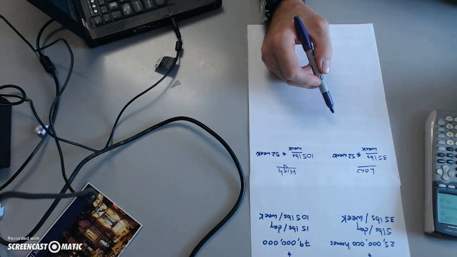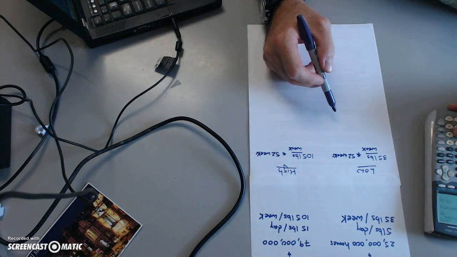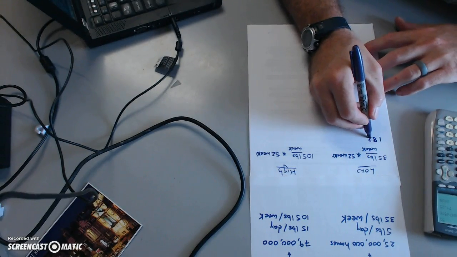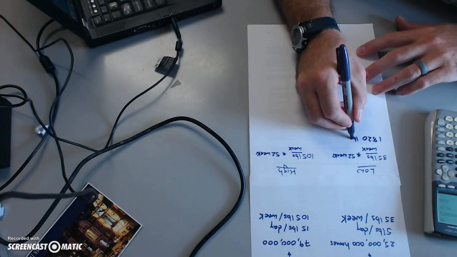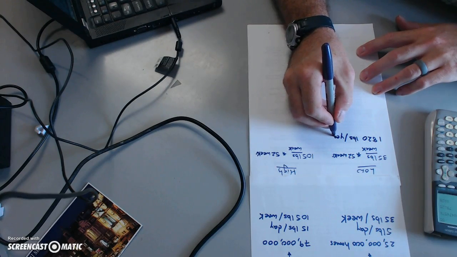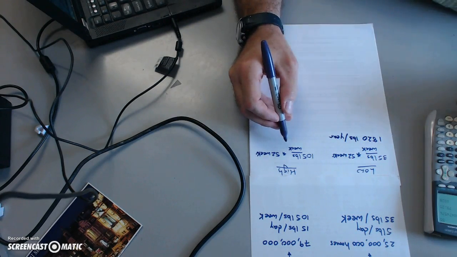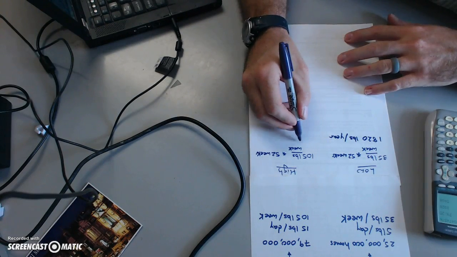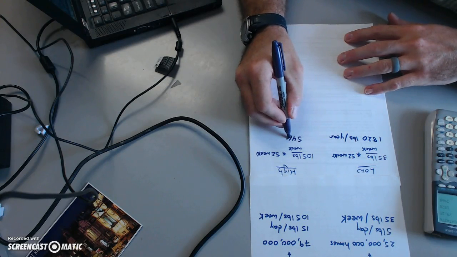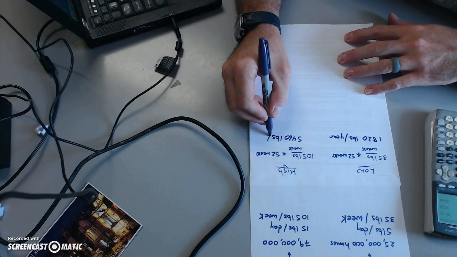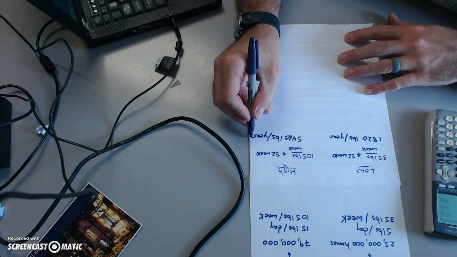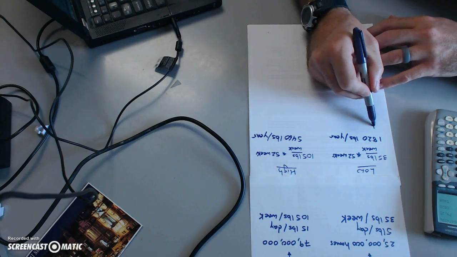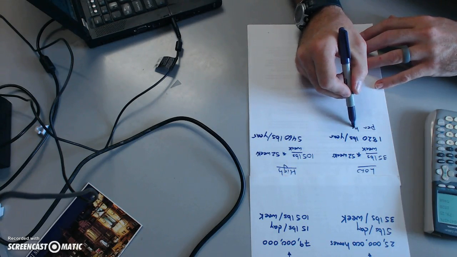Let's figure that out. So 35 times 52 is 1,820 pounds per year. And 105 times 52 is 5,460 pounds per year. And this is still per household, the way I'm doing it.